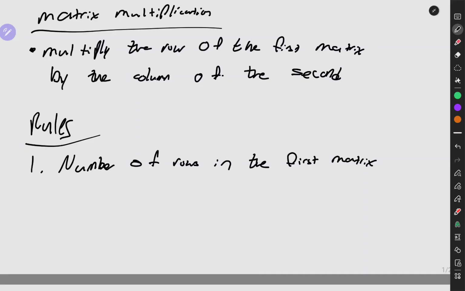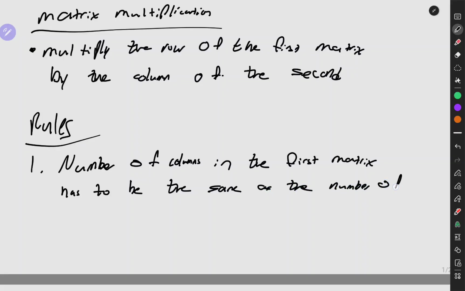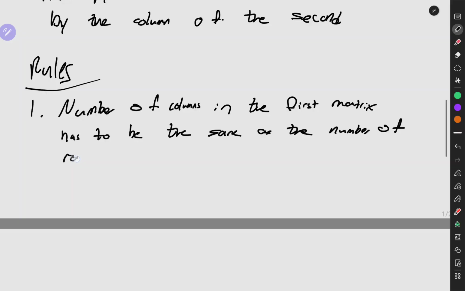Oh, sorry. I mixed this up. It should be columns. The number of columns in the first matrix has to be the same as the number of rows in the second.